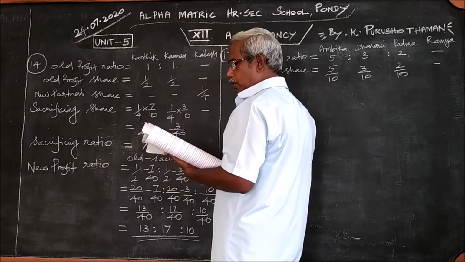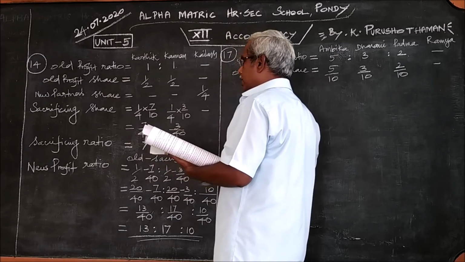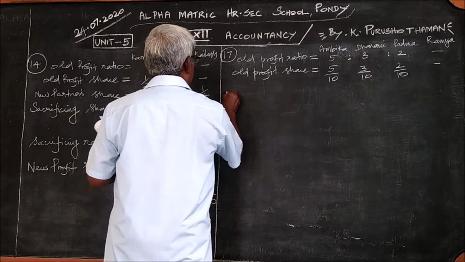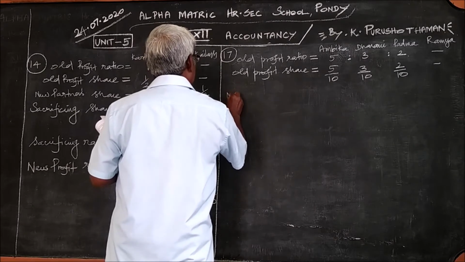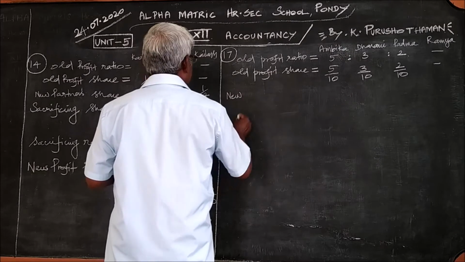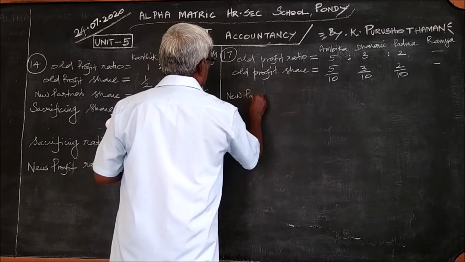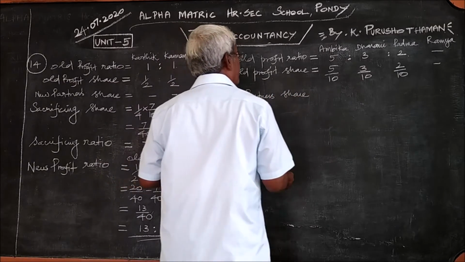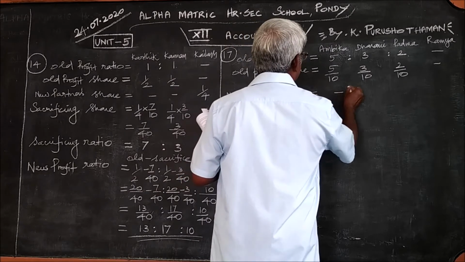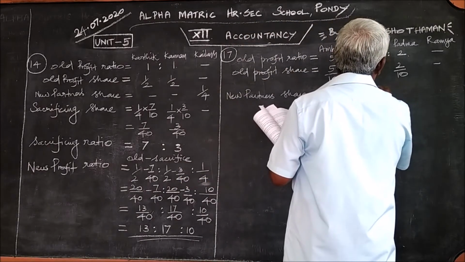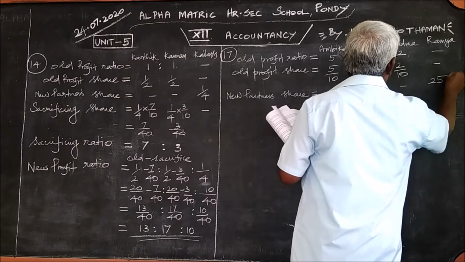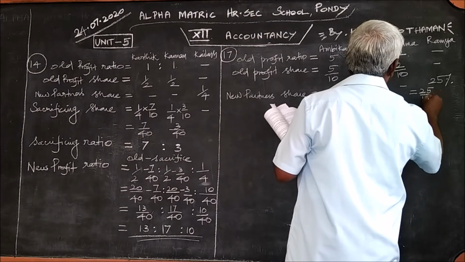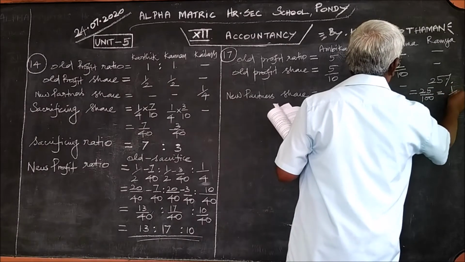And what is promised to the new partner? They admit Ramya for 25% profit. 25% profit is given, therefore new partner's share is equal to 25%, which is equal to 25 by 100, which is equal to 1 by 4.